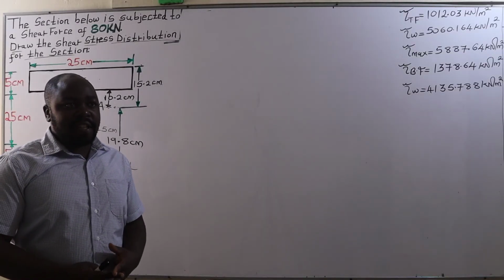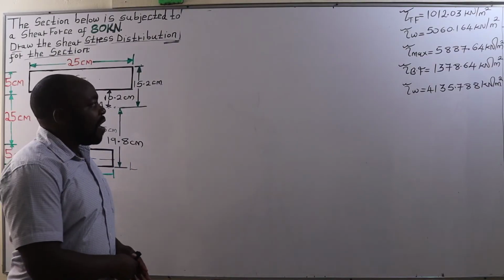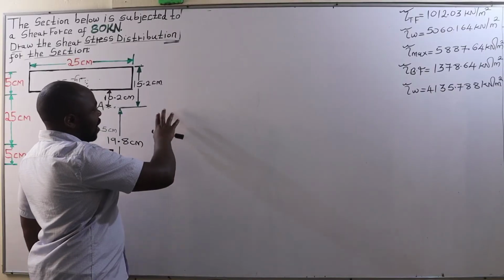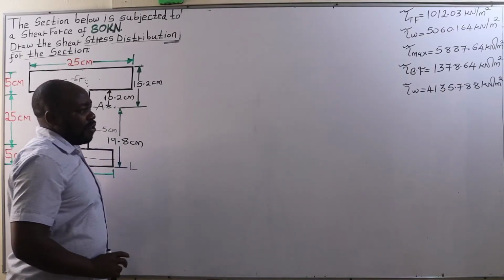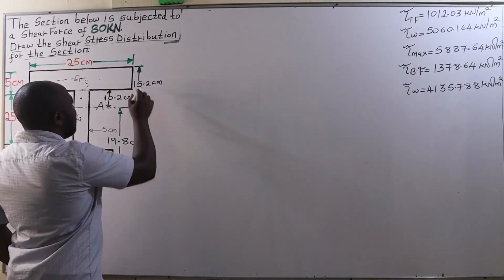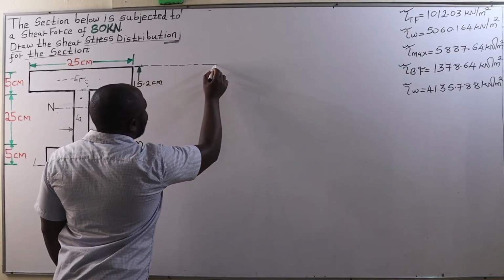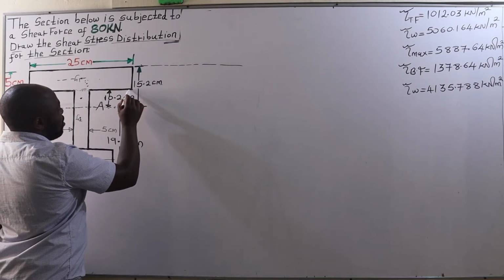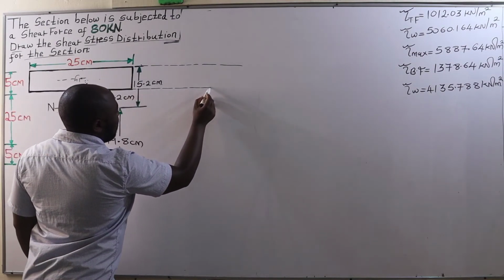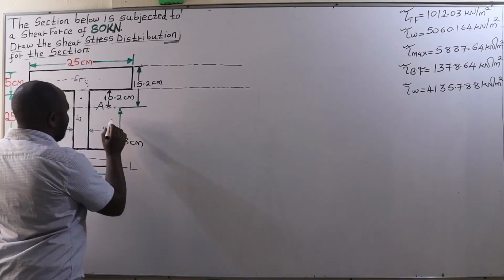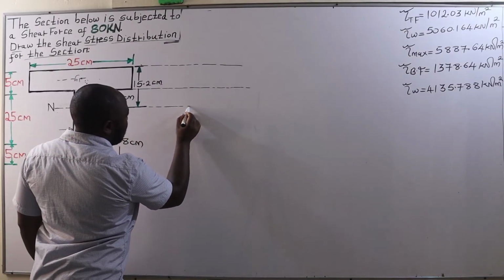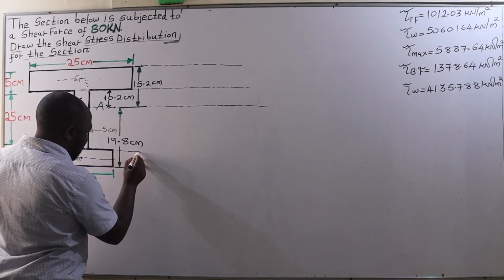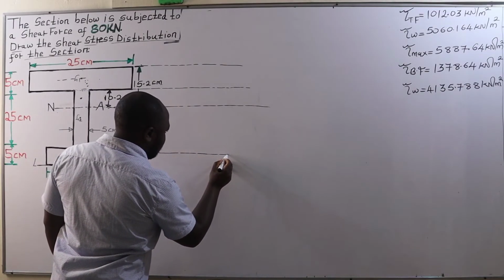Now, plotting the shear stress distribution diagram, I have written all the shear stresses at that point so that I get adequate space for plotting this diagram. And this is how we are going to plot it. We have the upper edge of the top flange. We have the junction of the top flange and the web. We have the neutral axis. We have the junction of the web and the bottom flange.